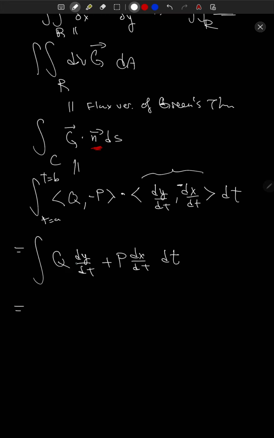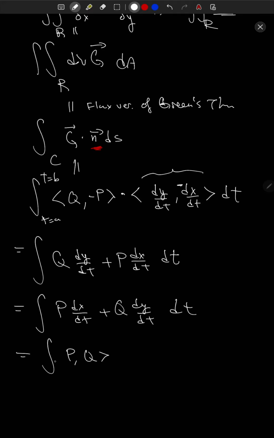So if I just reorder this as p dx dt plus q dy dt, whole thing dt, what is that? That's literally how you compute p comma q dot t ds. In fact, if you think about the notation, the dt kind of cancels with the dt, and that's one of the reasons why you have this notation p dx plus q dy.